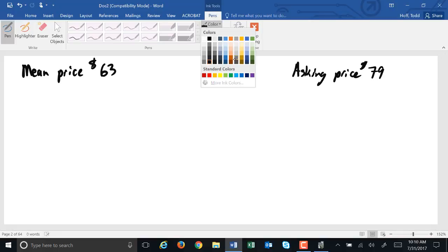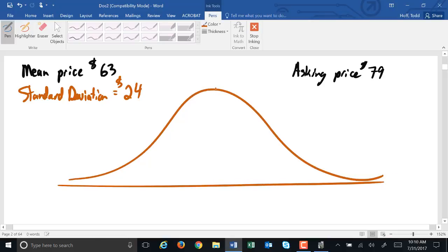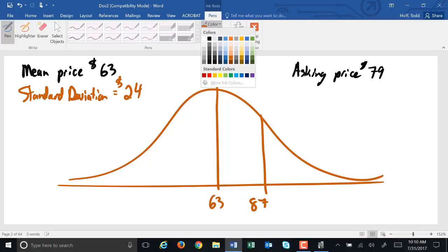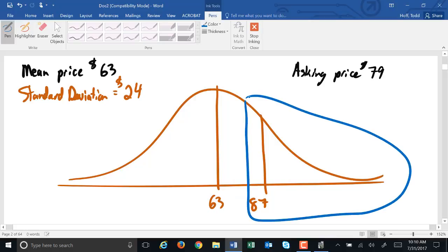But what you need to know is the standard deviation. If that standard deviation is $24, well, now if you're looking at the curve, this is 63. The next step up is 87. Your $79 is somewhere in here. So the percent that's more than $79 is going to be more than 16%.